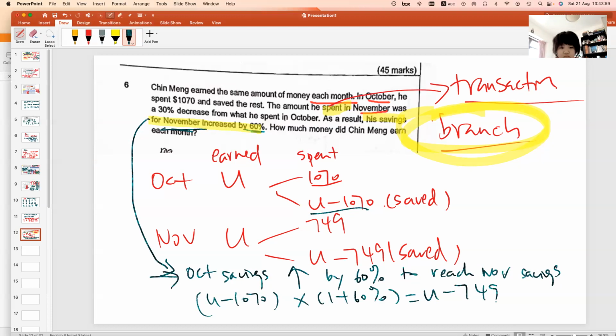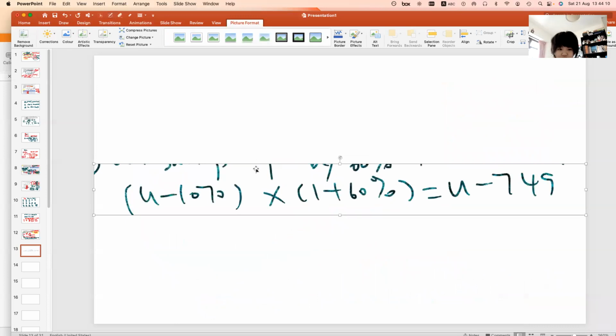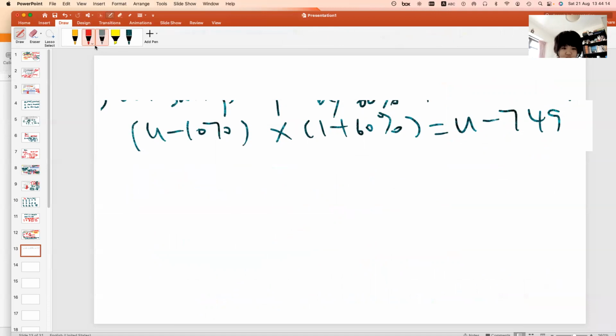So basically the rest, what you need to do is solve this equation, which I'm going to do. Increase by 60% means you can simply get rid of this because it's 1.6. So you just open the bracket.